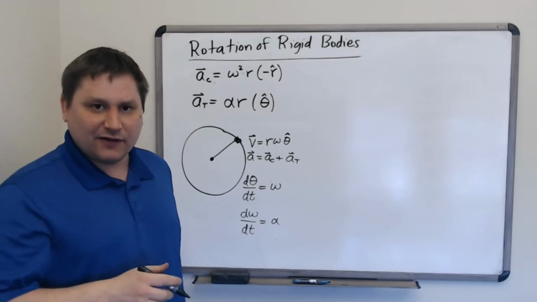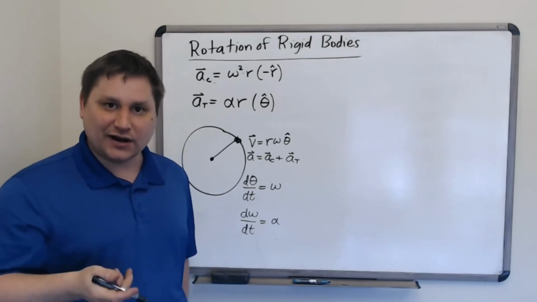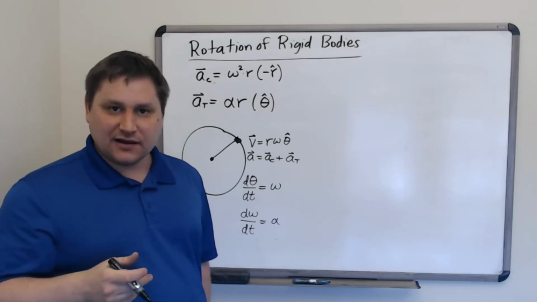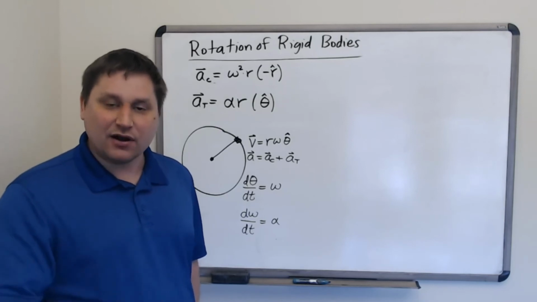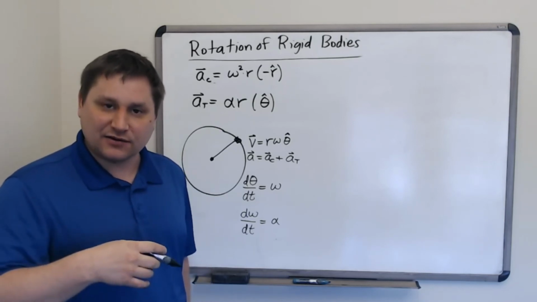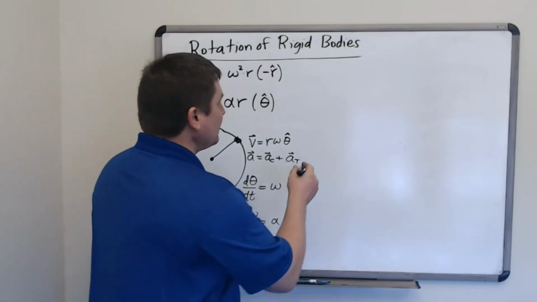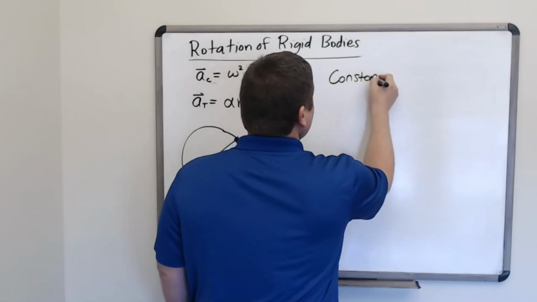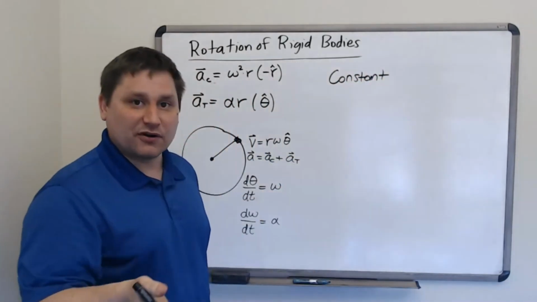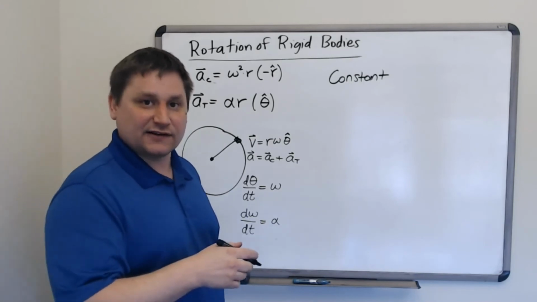This gives us the ability to now tackle a number of situations where an object, say, is rotating and begins to speed up, slow down, or is at rest and, due to imparted forces, the object begins to rotate. A large number of those situations can be modeled as having a constant angular acceleration.